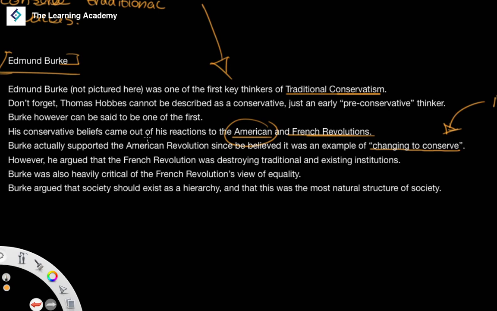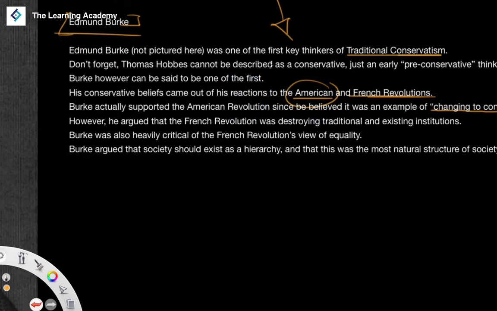However, his response to the French Revolution was very, very different. And this is partly due to the differences between the revolutions. Some people might argue that Edmund Burke's positions on America and France in terms of their revolutions are actually quite counterintuitive and contradictory, but you can support his argument by suggesting that these two revolutions were very, very different.